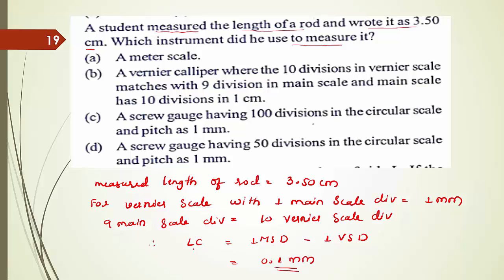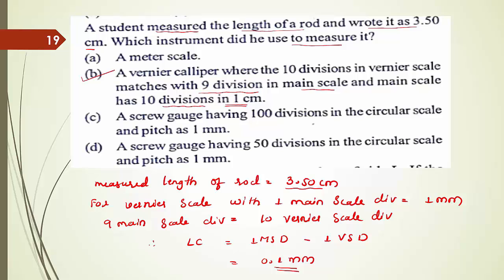Right? So here the measured length is 3.50 centimeter. First you can go through the options. The first one is a meter scale. In a meter scale, we have only up to 1 decimal place, so this is not the right answer. Come to the second option, a vernier calipers where 10 divisions in vernier scale match with 9 divisions in main scale, and main scale has 10 divisions in 1 centimeter.